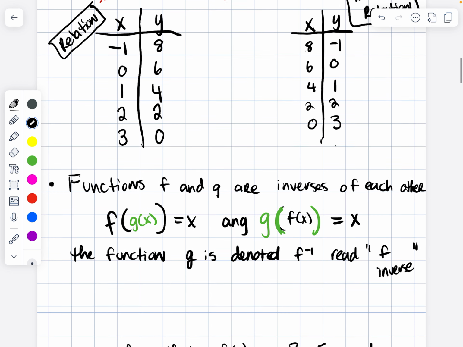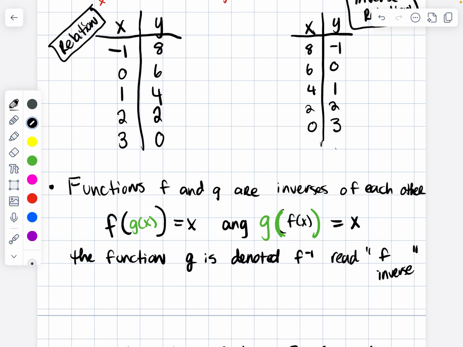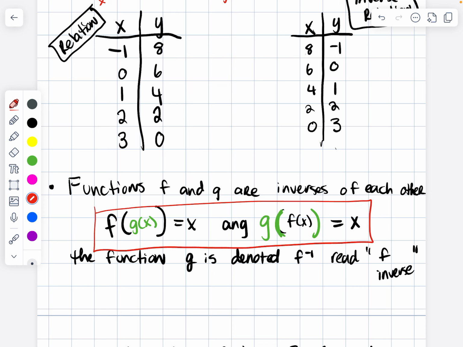Hopefully that makes some sense. So that's how we determine whether two functions are inverses. We're going to use this composition, which you learned in class yesterday, and they both have to be equal to x. If not, then they're not inverses.